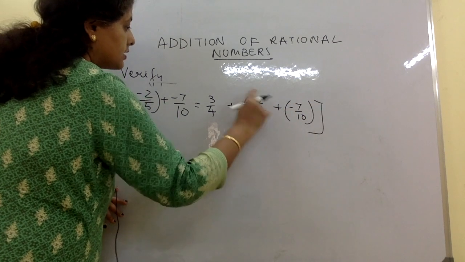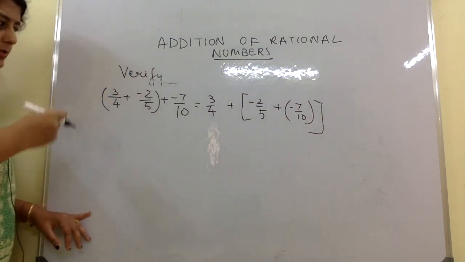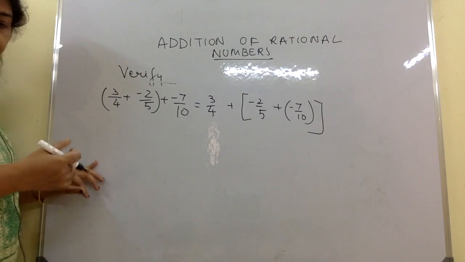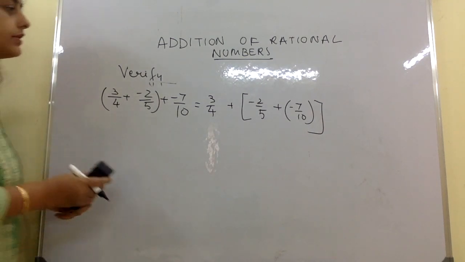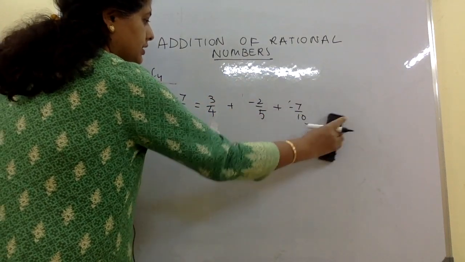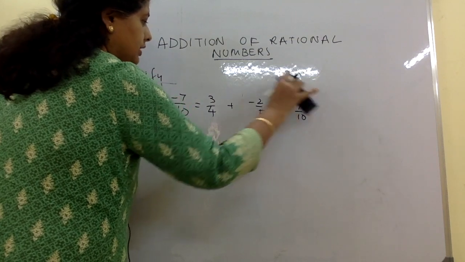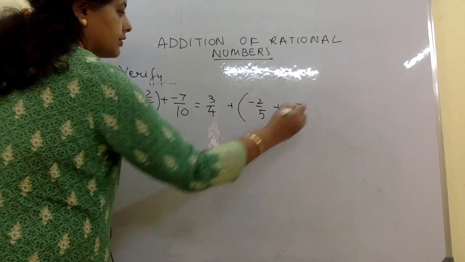I'll change the bracket here because we have used two different brackets. Here we could manage with one bracket, but in the textbook they haven't, so we'll just leave it with the same bracket. Only thing is, be very careful here, two signs have been used one after the other.